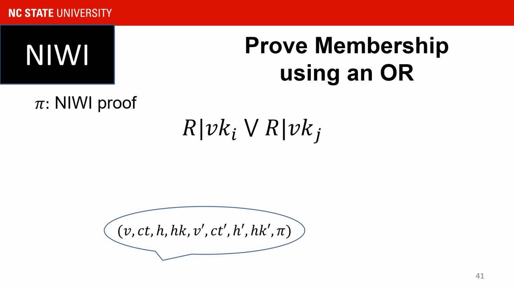So basically what you're going to do when you produce a signature is you're going to double up on everything. So I have that value, the ciphertext, the hash information, and then some kind of random values, V prime, CT prime, H prime, and HK prime, which are not associated to any signer.